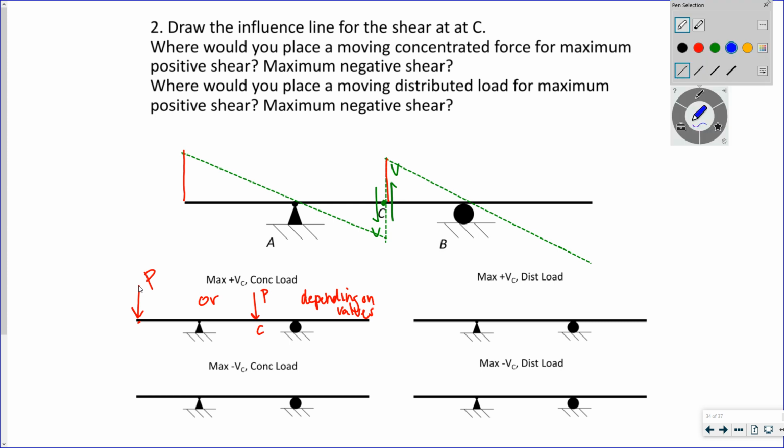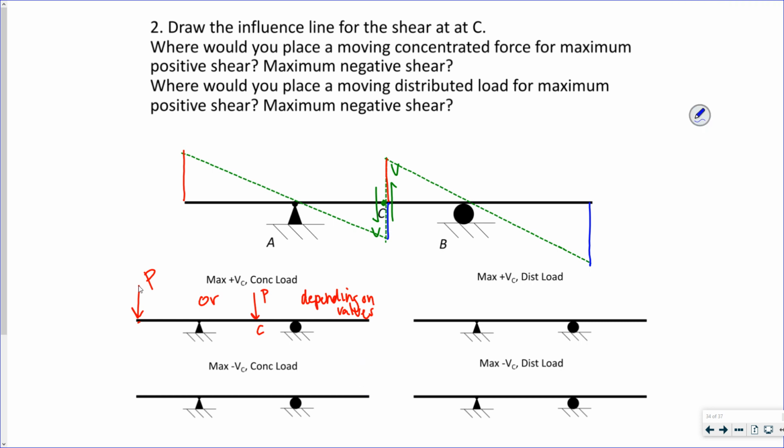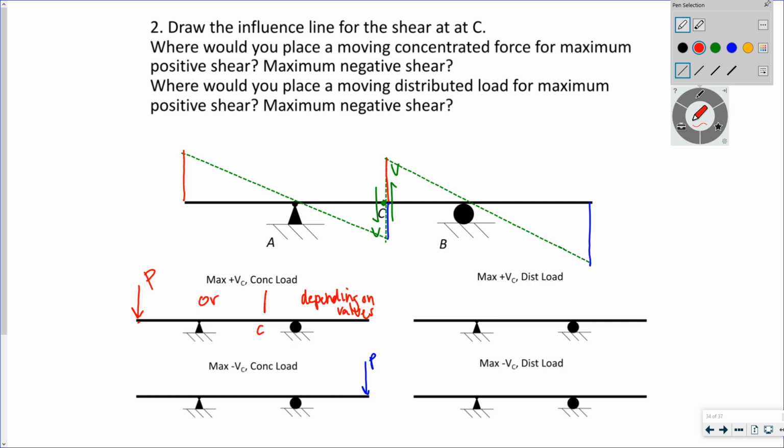Maximum negative shear. Right, here's my negative. So I'd either put it here, this one was actually technically just to the right of C, right?